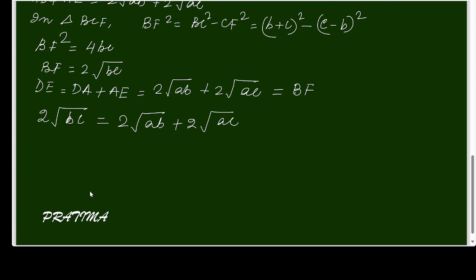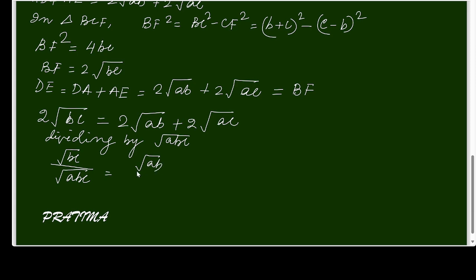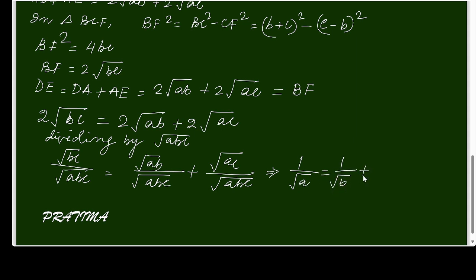So dividing throughout by square root abc, we get root bc over square root abc equals root ab over square root abc plus root ac over square root abc. We'll get 1 by square root a equals 1 by square root b plus 1 by square root c.